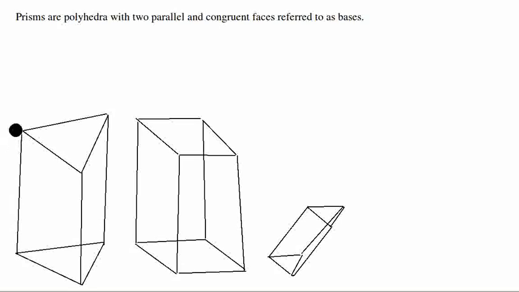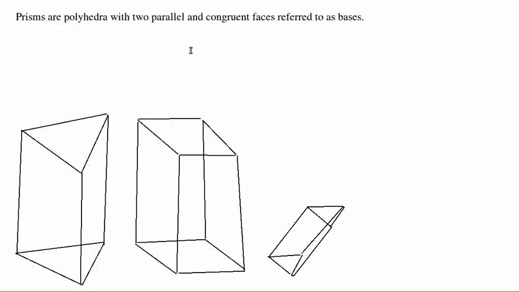So if the two bases are lined up vertically, okay, if the corresponding vertices are one's directly above the other one and one's directly below the other one, okay, then you will have faces that are perpendicular to the bases, okay? Those are referred to as right prisms.